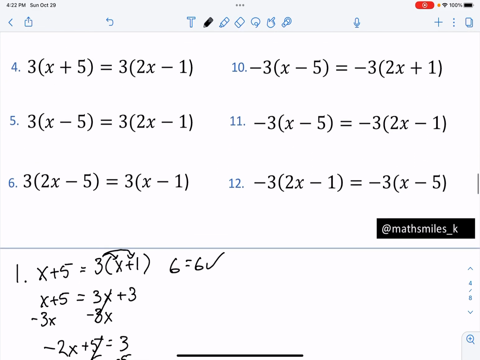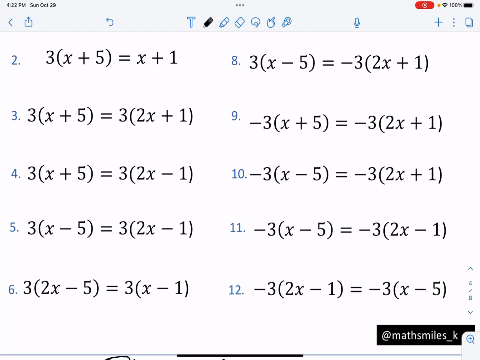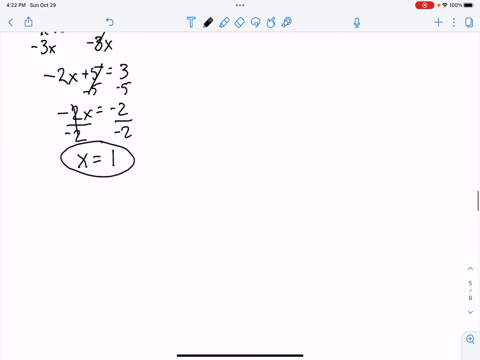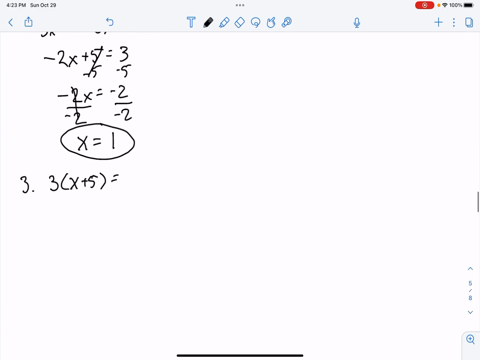I'm going to skip around and we're just going to do the odds here. So we've got number 3, 3 times x plus 5 equals 3 times 2x plus 1.